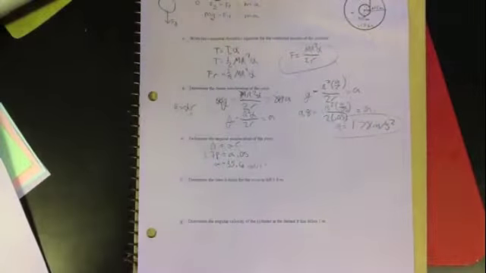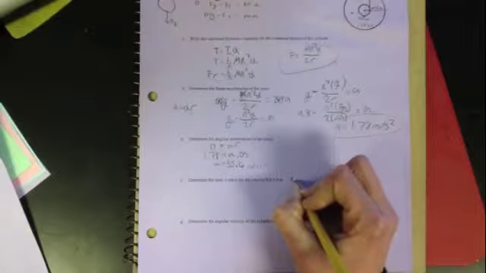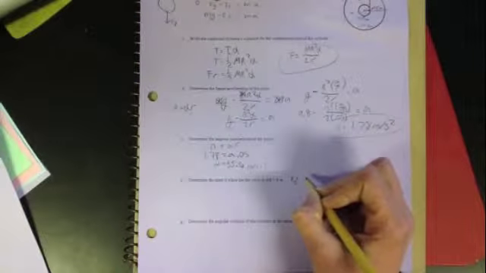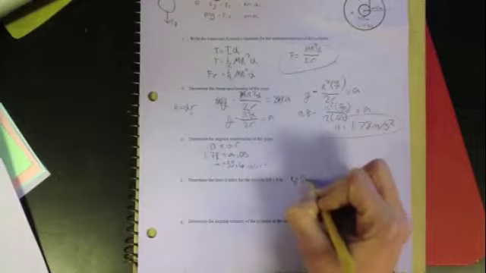To determine the time it takes for the yo-yo to fall 1 meter, we're going to use linear acceleration. And so first we're going to identify our variables. The original position of the yo-yo is at 0 meters.